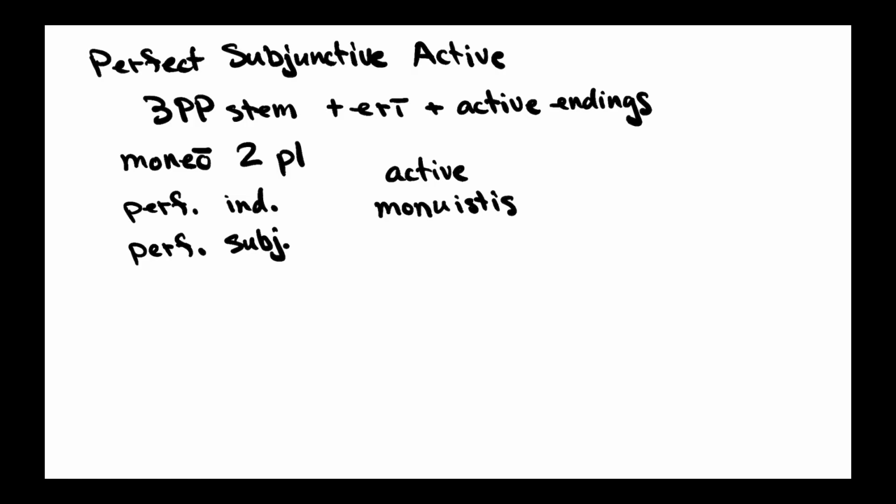For the subjunctive, you just use the normal endings, the regular present endings that you use for most everything else. You take that third principal part, drop the ending, and you add eritis. Okay, pretty straightforward there.